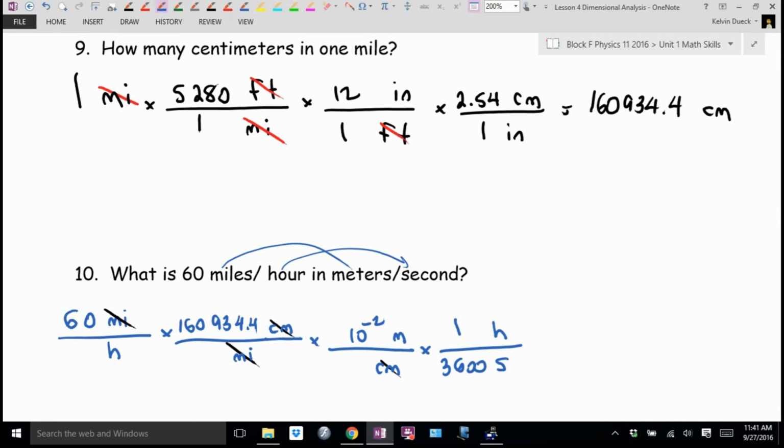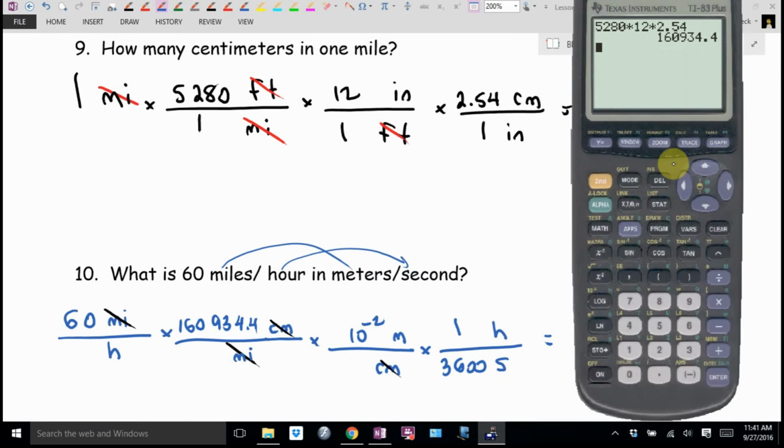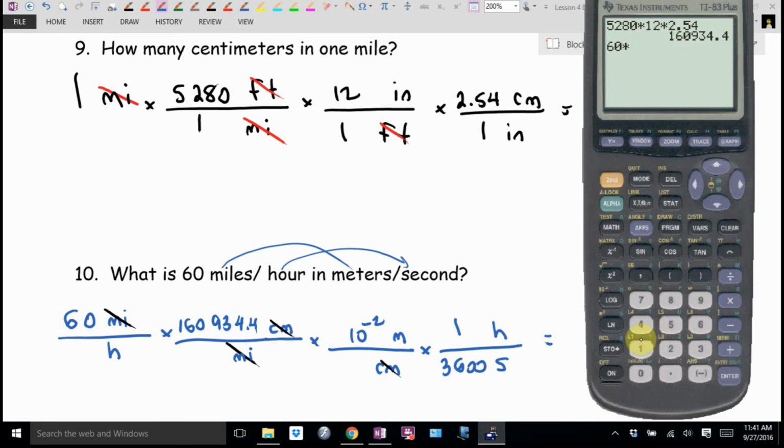Divide. That's how I know. I don't have to figure it out. My chain tells me. On my calculator, I'm going to go 60 times 160,934.4 times 10 to the negative 2 divided by 3,600, and apparently 60 miles an hour.